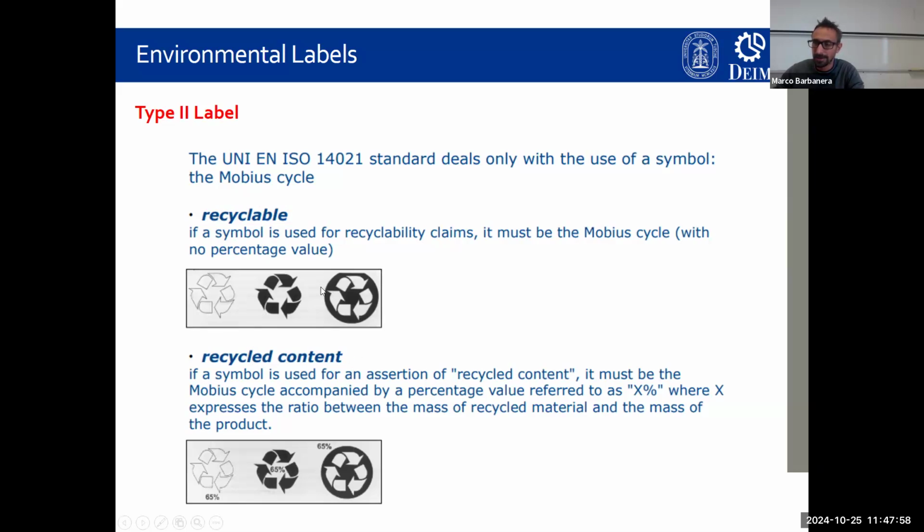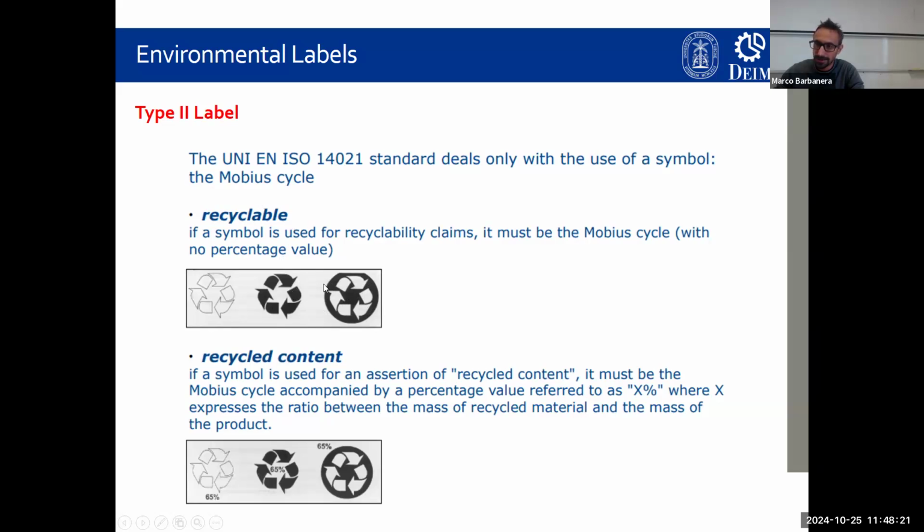I think that you have seen in some packaging of products this symbol. This is the Mobius cycle symbol. And the meaning of this symbol is that the packaging of the product is recyclable.